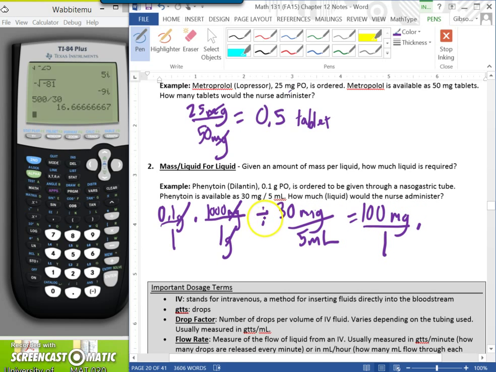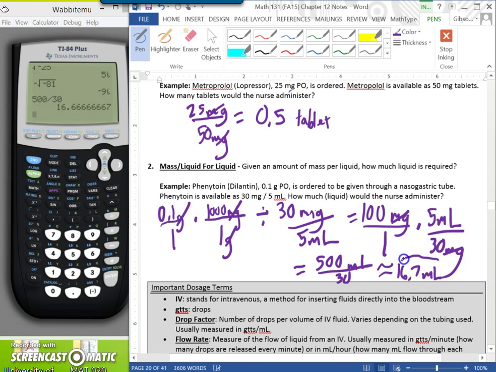And then we would change division to multiplication, and we would take the reciprocal, which is 5 milliliters over 30 milligrams. So this is how we ended up with that in the denominator and the numerator. So the milligrams will simplify out, and then this will give us 500 milliliters over 30, which will give us approximately 16.7 milliliters, which is basically the same thing we had before.